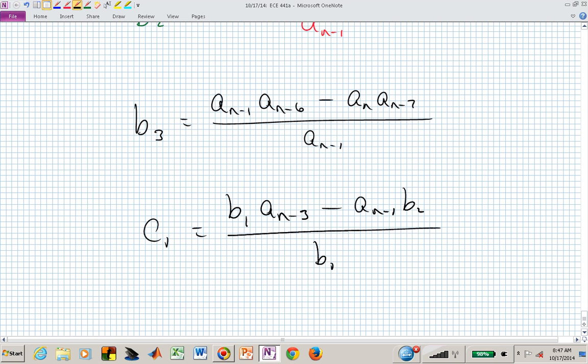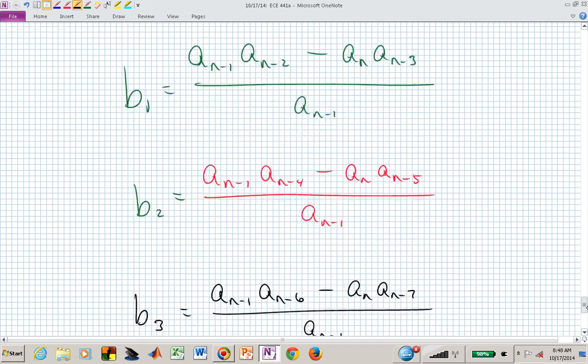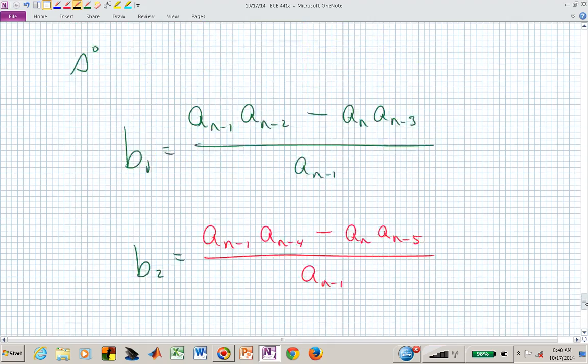C sub 2. Now we use the column to its right, but we still keep using the leftmost column. So that's B1 and B sub 2 that we will know. B sub 1 and A sub n minus 1.